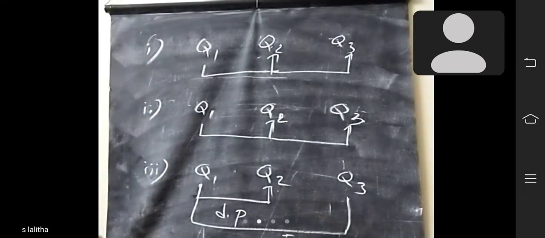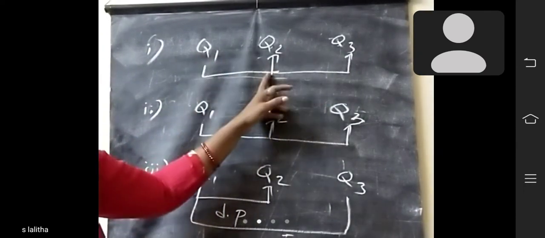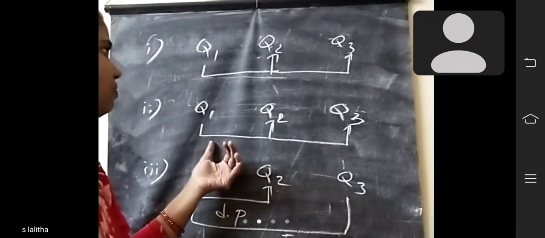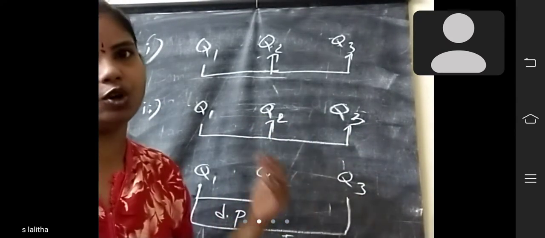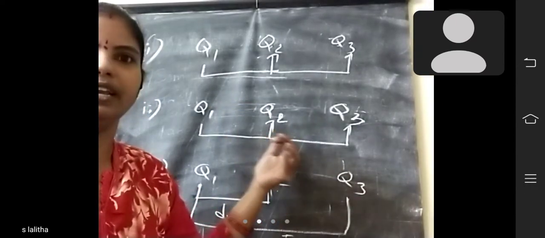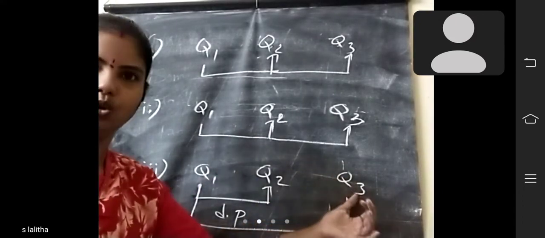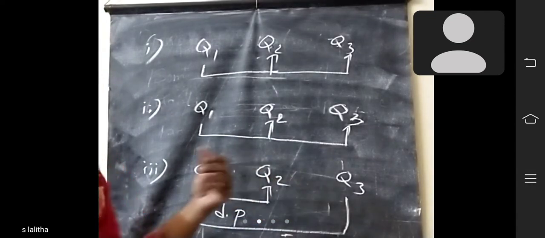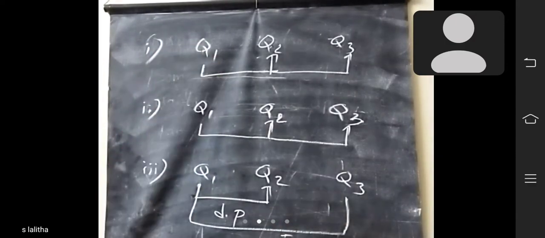So in the first case, quantity 1 is directly proportional to both quantities. In the second case, quantity 1 is inversely proportional to both quantity 2 and quantity 3. And in the third case, quantity 1 is directly proportional to quantity 2 and inversely proportional to quantity 3. Okay. So these are the cases for compound ratio.